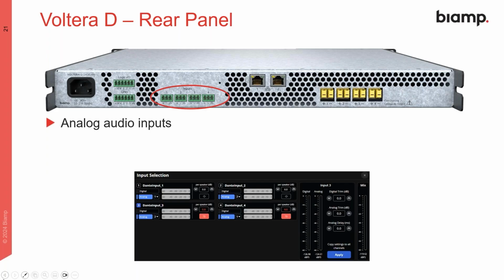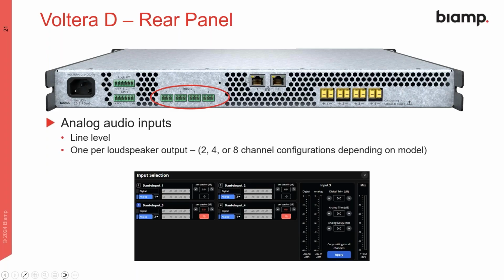you can dream up. The amplifier defaults to the analog inputs when there's no Dante stream detected, which again, for a lot of 1 and 2 amp systems, you might not have networked media. So analog is just going to work when you pull the system out of the box.